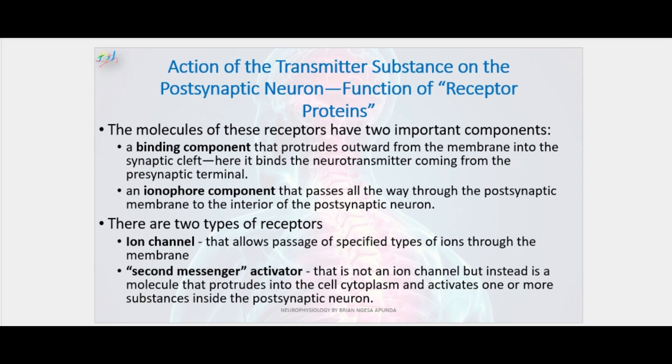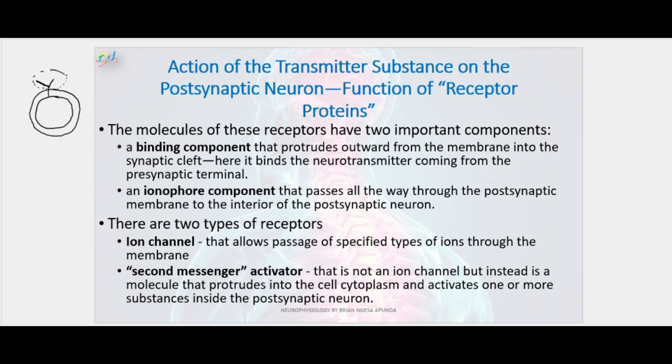So when a neurotransmitter is released, of course, it interacts with the receptor. So you consider receptor. Receptor has two parts. We have the binding component and the ionophore component. So it should be making sense. So let's just assume that this is a particular cell. Let's make it a little bit thicker, so that the thicker part represents the cell membrane. The part that interacts with the neurotransmitter is regarded as the binding component.